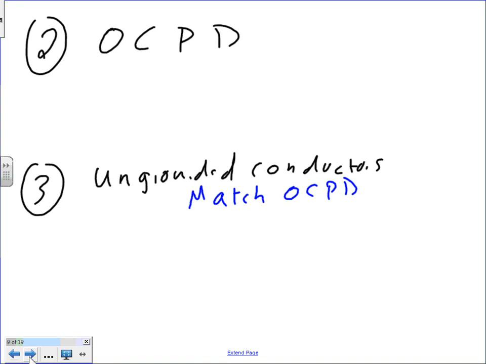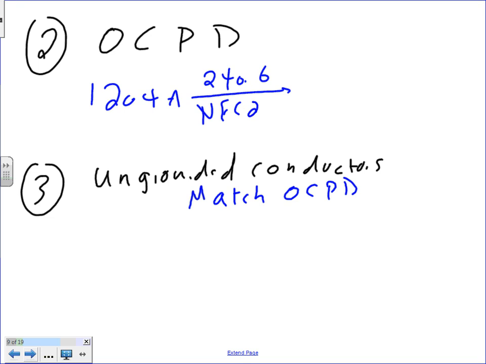So we move down into the next step, my friends. We got my 1200 amp. I need my overcurrent protection device. I have 1204, the same thing that we did. We're going to take it to 240.6 in NEC 2011. Am I going to go up or down here?